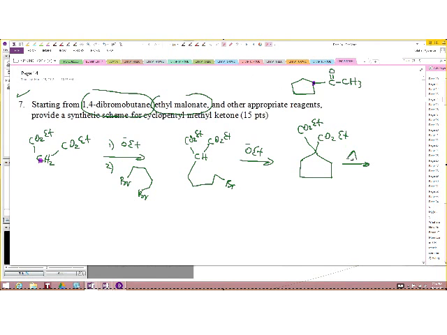Hydrolysis, sorry about that. And that will give us the dicarboxylic acid. And once you apply heat, okay, you lose one of these as carbon dioxide, and this hydrogen will come to this alpha carbon here.